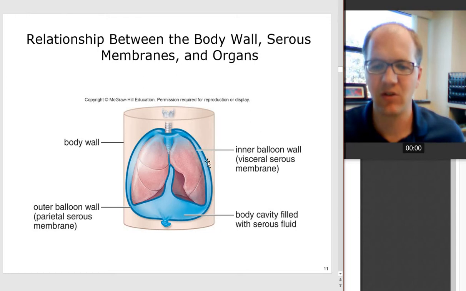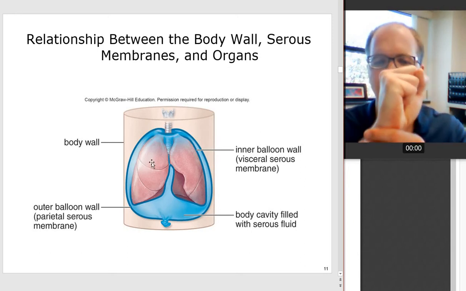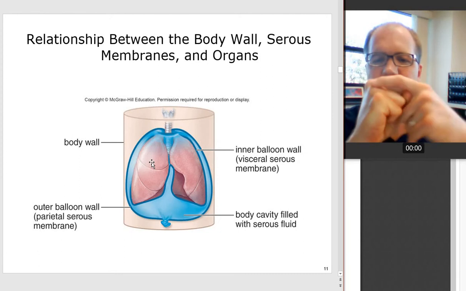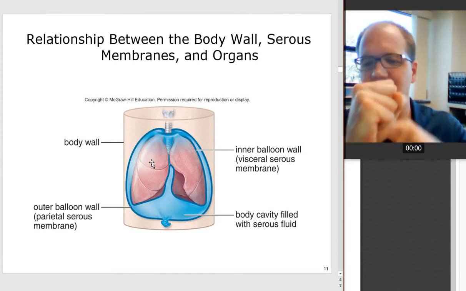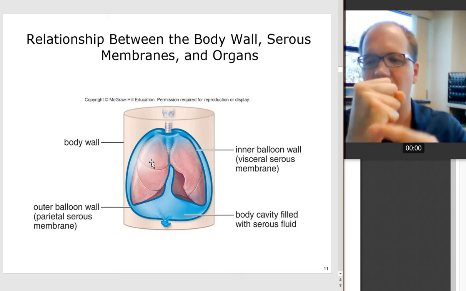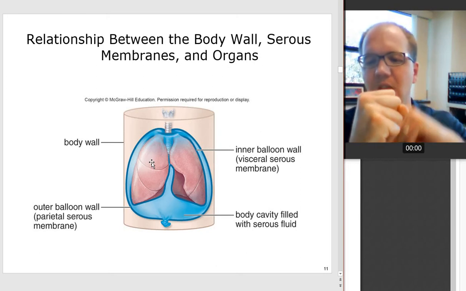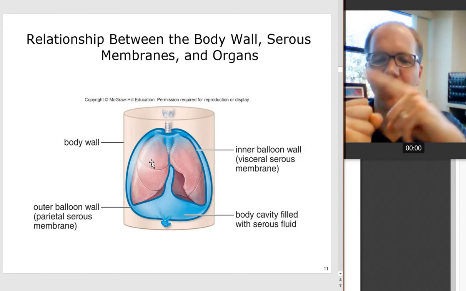You'd end up with two layers around your fist, or in this case the lungs, because you punched it into that balloon. So you'd have the layer right against your fist, and that is the same as the visceral membrane. And then you'd have a layer around, which is the outside of the balloon, and that is the parietal membrane.